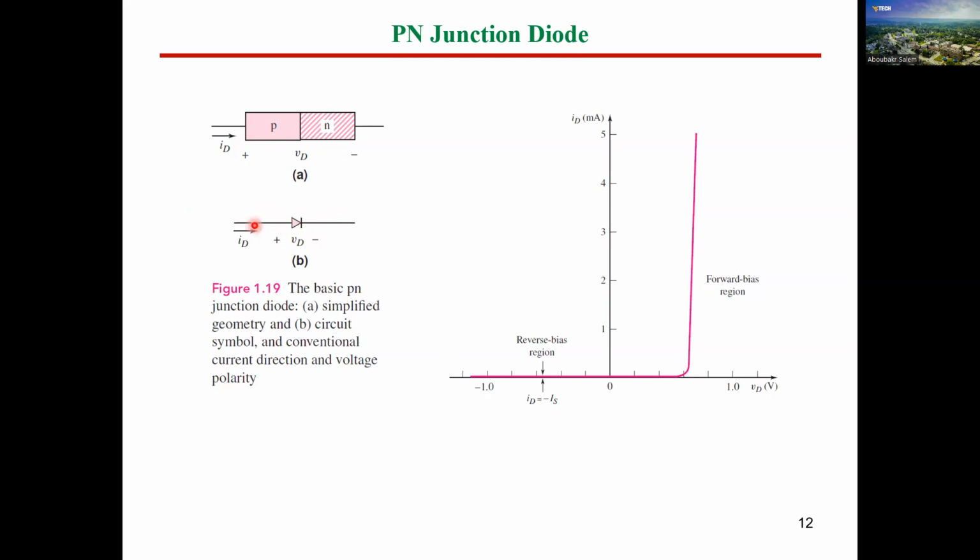Okay, and the current is going to flow in this direction, and the voltage drop across the diode is going to be VD by this polarity. So this is called here the forward biasing characteristic, and for the reverse biasing characteristic, you will have just the minus IS value for the negative volt, but this characteristic is incomplete. We will discuss more about the characteristics in the next class.